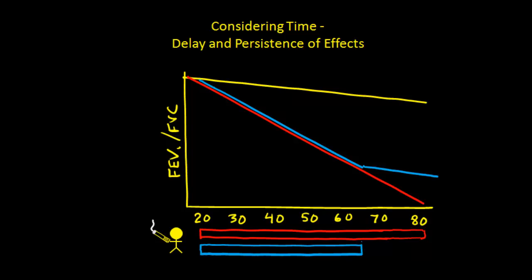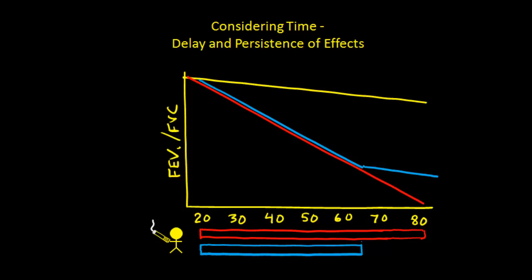Now this information came from my literature review. So what appears to be true for my exposure and effect is that if you are a smoker, and this red line down here represents smoking from age 20 until age 80, what happens for a person who smokes over their lifetime? Their FEV1 to FVC ratio declines at a faster rate over their lifetime than would have been true had they not been a smoker.